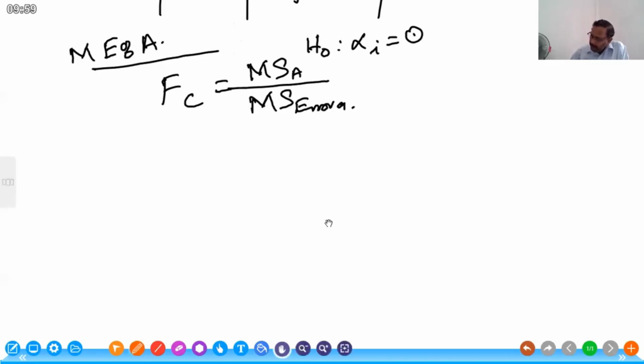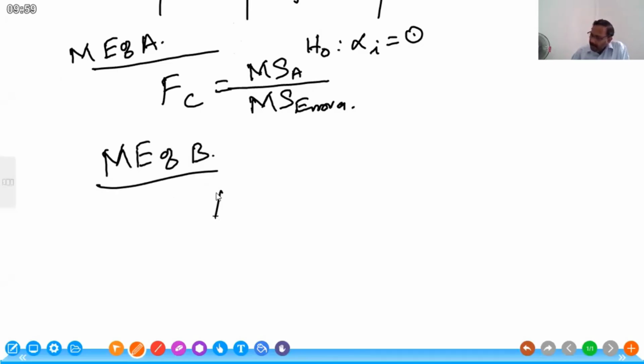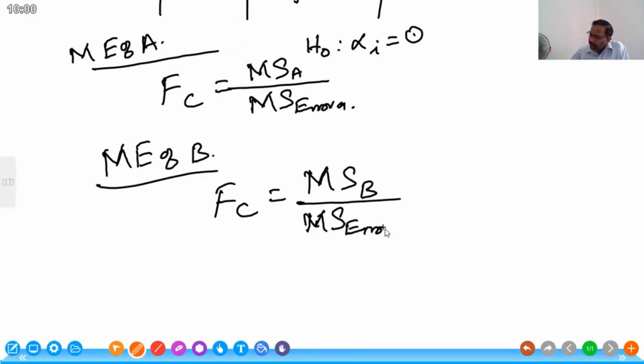Now, if you go to the main effect of B, what is the F calculated value? Mean square of B divided by mean square of error B. So what is my null hypothesis here? Beta j is equal to 0.